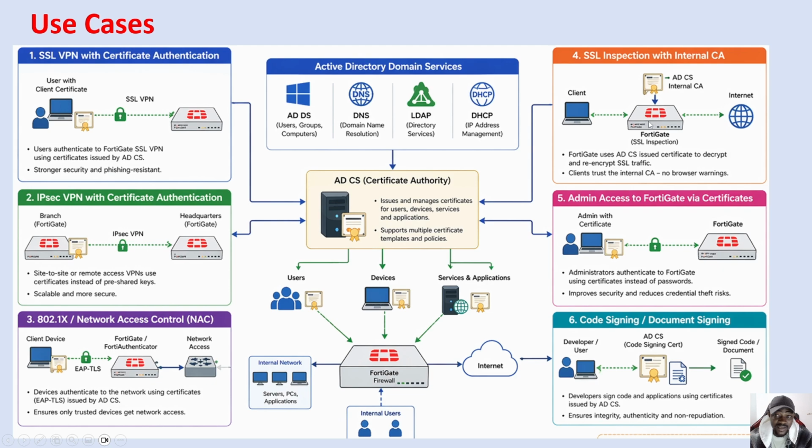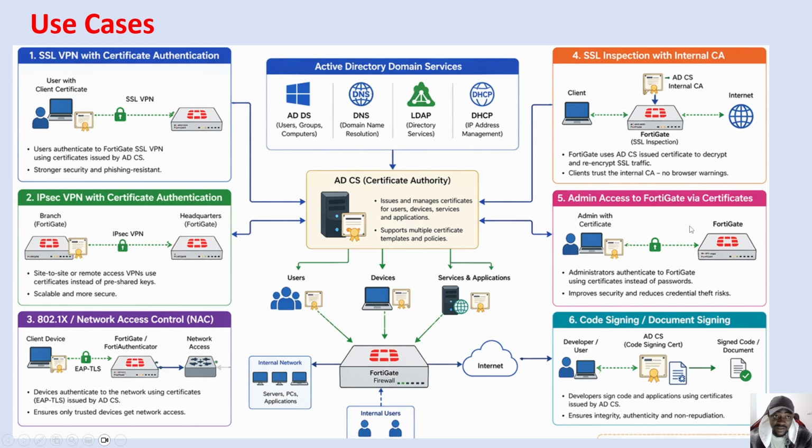So if you are implementing SSL inspection on your FortiGate device, remember you need this certificate that is used to perform the communication between the client and the FortiGate device, and the communication between the FortiGate device and the internet. So this certificate can also be generated by our ADCS, and as it's generated by our ADCS, it should also be sprayed to workstations.